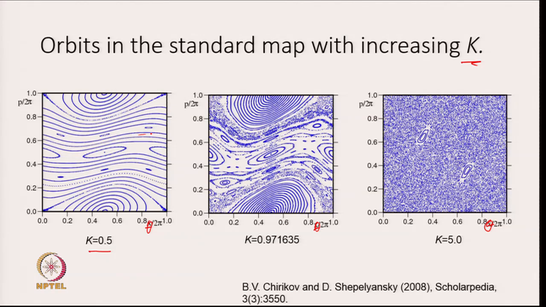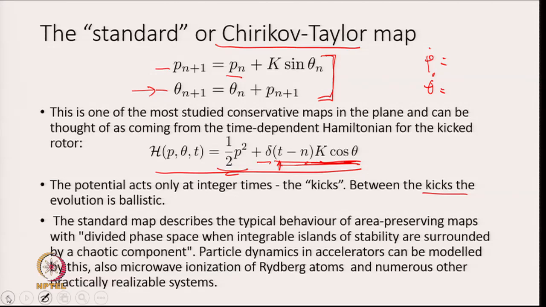These are remnants of rational tori, and one must remember that k not equal to 0 is immediately a non-integrable system, because if k is equal to 0, this term does not exist, and P n plus 1 is a conserved quantity, because P n plus 1 is just equal to P n.